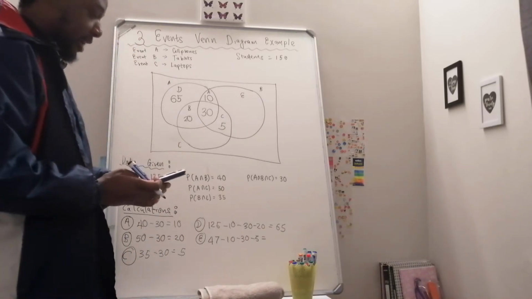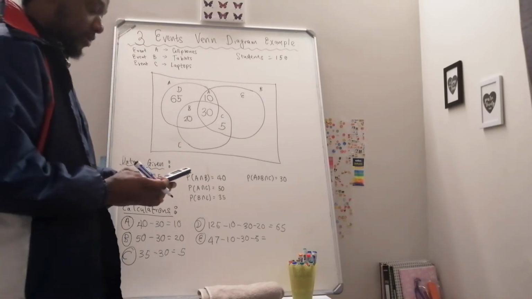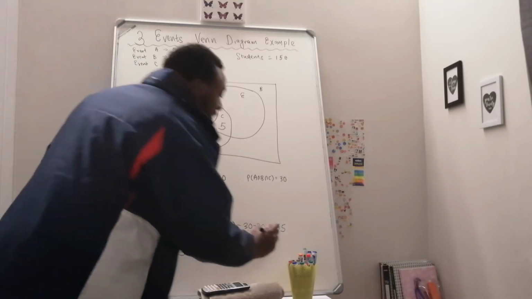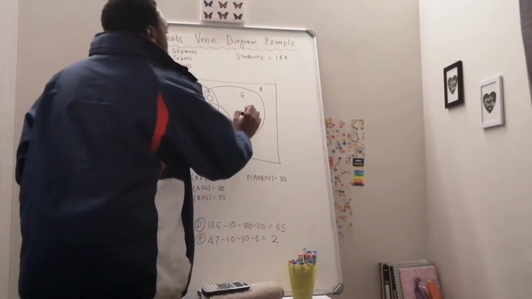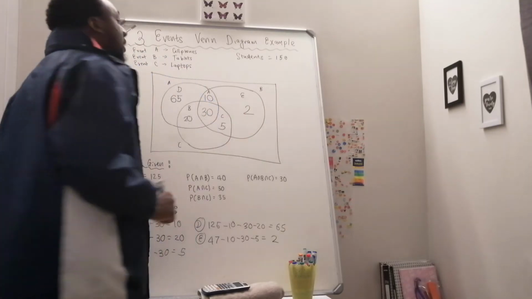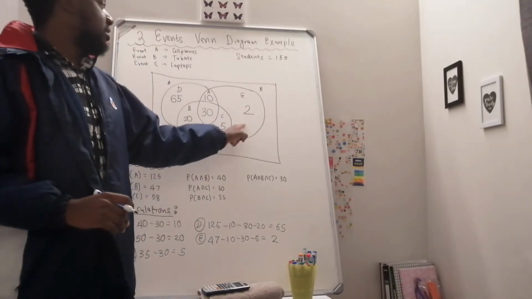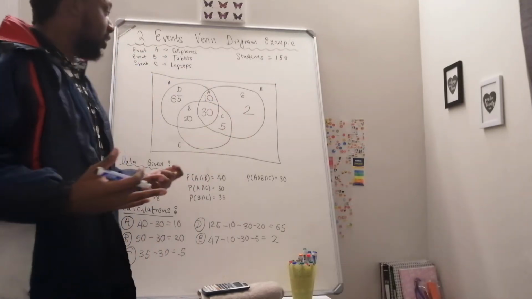I get 2. So this area with B by itself is only 2.